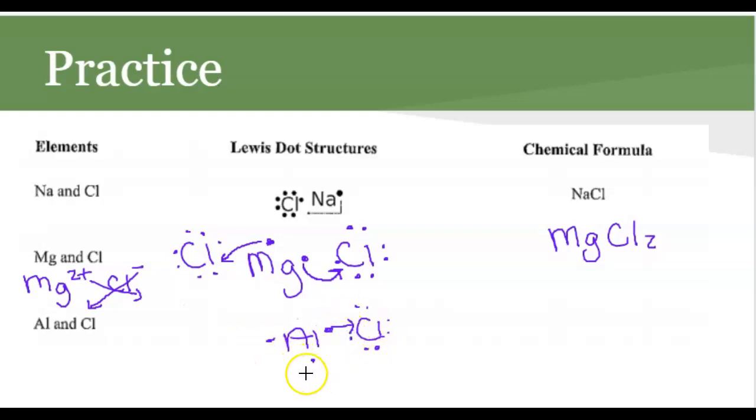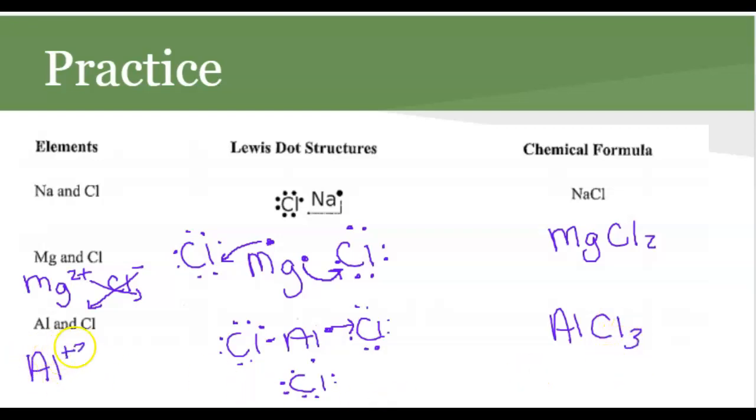But notice I still have 2 left. So you're going to end up needing to put 2 more chlorines to share here, or give up those last 2 aluminum electrons. So then you end up with a final formula of AlCl3. Again, if it's easier for you, do the crisscross method, and you're going to end up in the same spot, AlCl3.